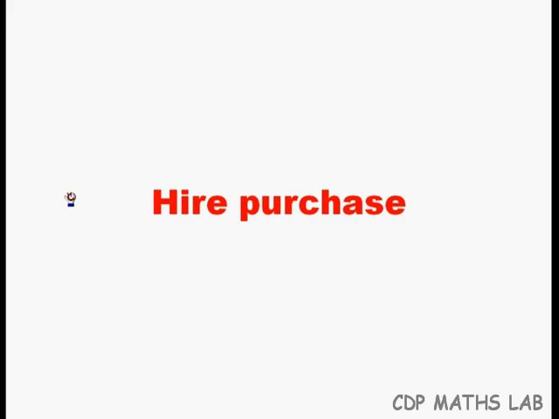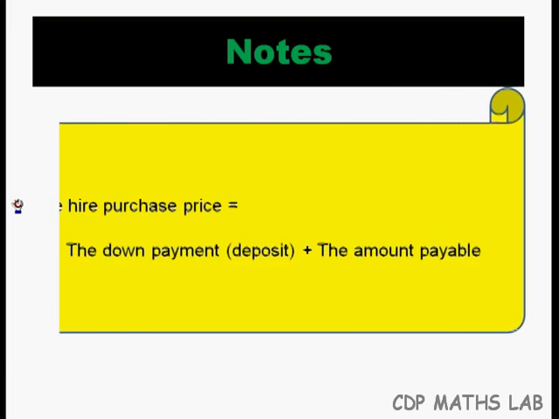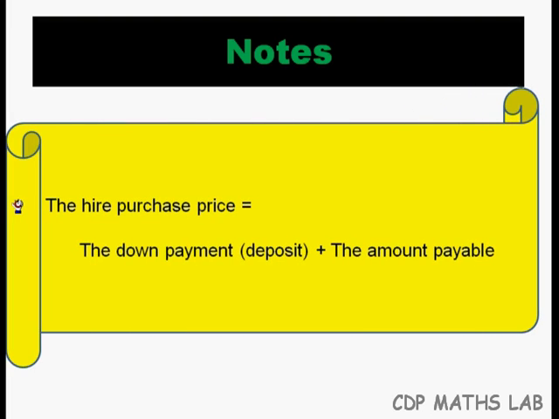Now, first topic for this lesson is hire purchase. Notes. Now, the hire purchase price is equal to what? The down payment, or sometimes referred to as the what? Deposit, plus the amount payable. So once again, we're saying to you that the hire purchase price is equal to the down payment deposit plus the amount payable.